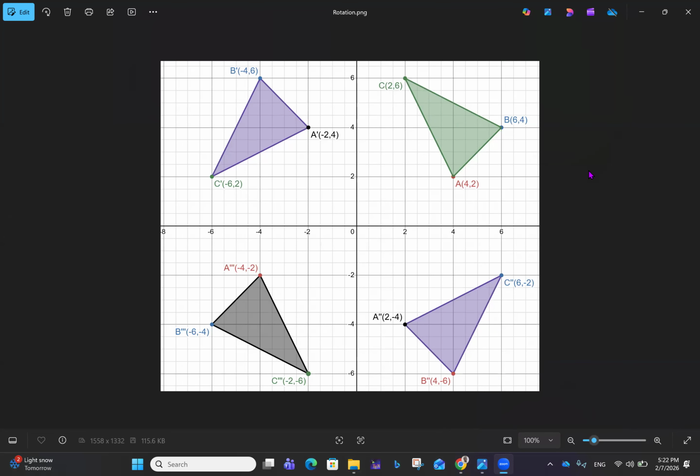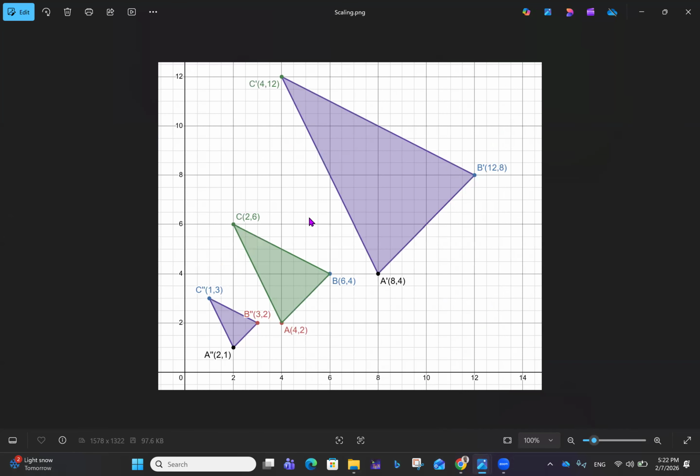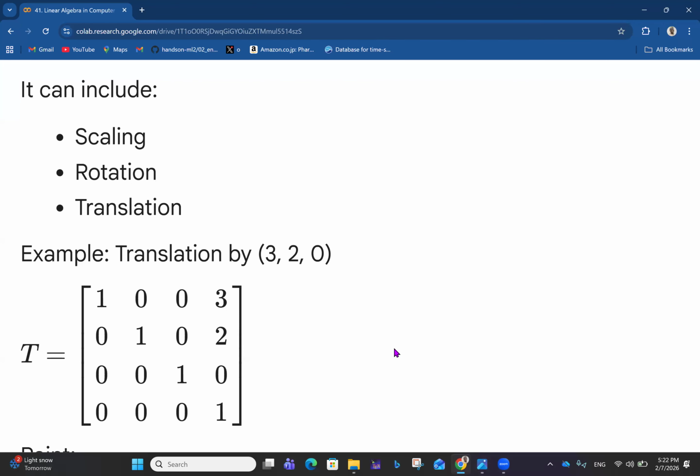Apart from rotation, you have scaling. Same object, but then you scale it up. Then you have shear, some kind of stretching along the vertical or horizontal axis. We see all of this happening, and this is how we can have imaging. It includes scaling, rotation, translation, or even shear, like you saw right there.